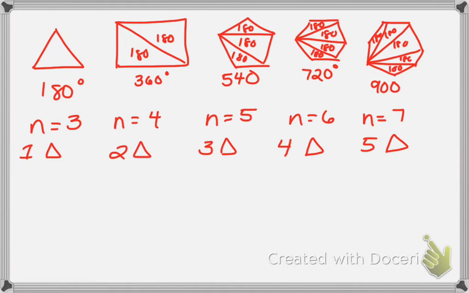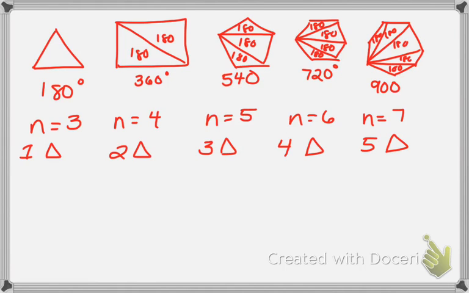Then what are we doing to get to this final degree? Adding all the triangles together, which would be the same as multiplying by 180, right? Adding two 180s is the same as multiplying by 2, or adding three 180s would be the same thing as taking 3 times 180. So we're taking our number of triangles, multiplying by 180.